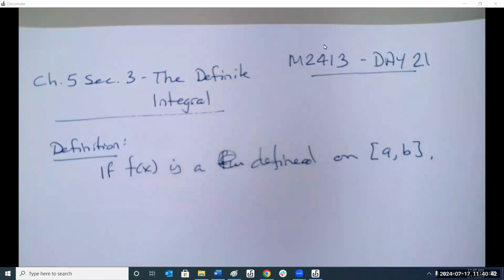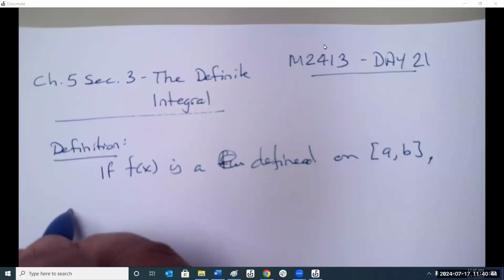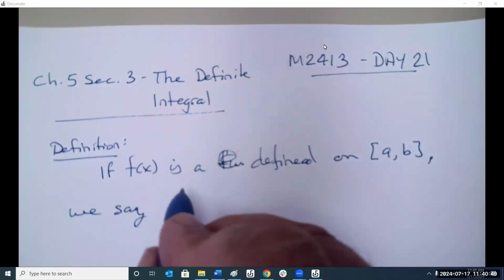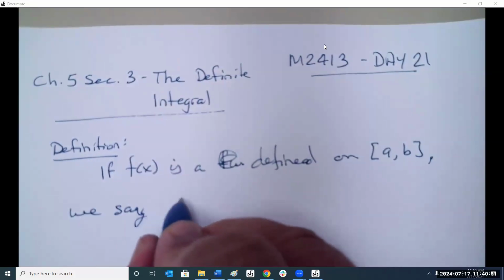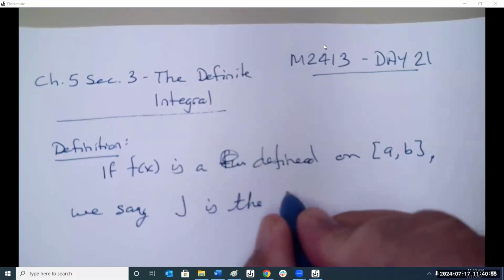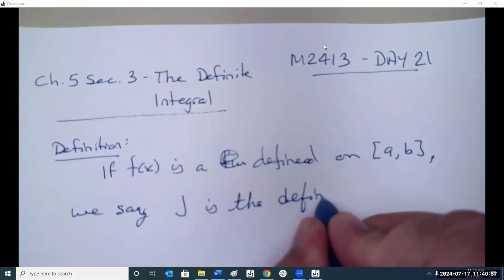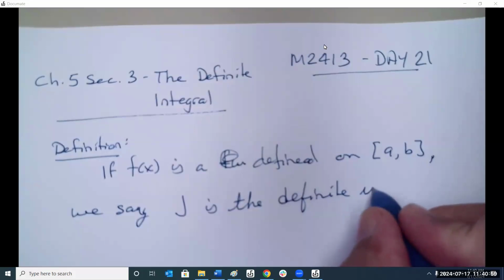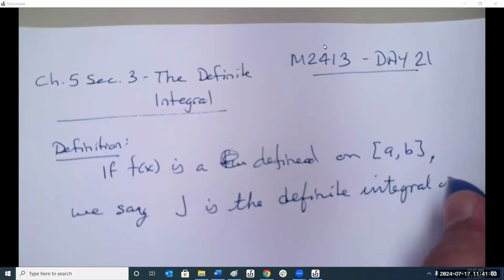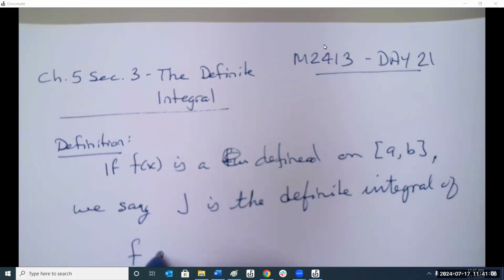So if we say the number j is a definite integral of f over the closed interval AB.